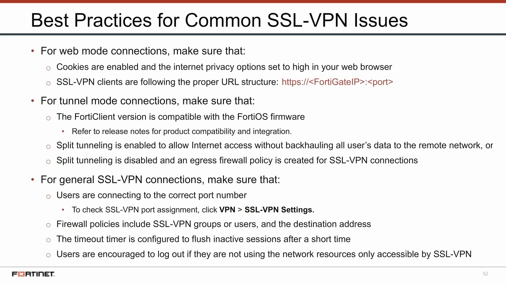Enable split tunneling or create an egress firewall policy for SSL VPN connections in order to allow access for external resources. Connect to the correct port number. Add SSL VPN groups, SSL VPN users, and destination addresses to the firewall policies. Flush inactive sessions by timeout.